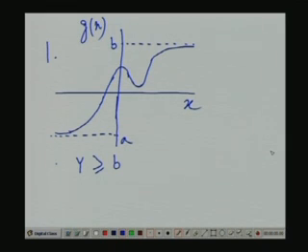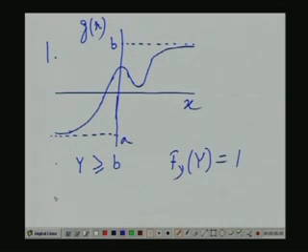So, if y is either equal to b or above b, then for any x in this axis, the corresponding function will remain below y, and the probability of x in this total range from minus infinity to infinity, that is the total event actually, because x cannot take any other value, that will be 1. So, in this case it is very simple, f y, y will be equal to 1.